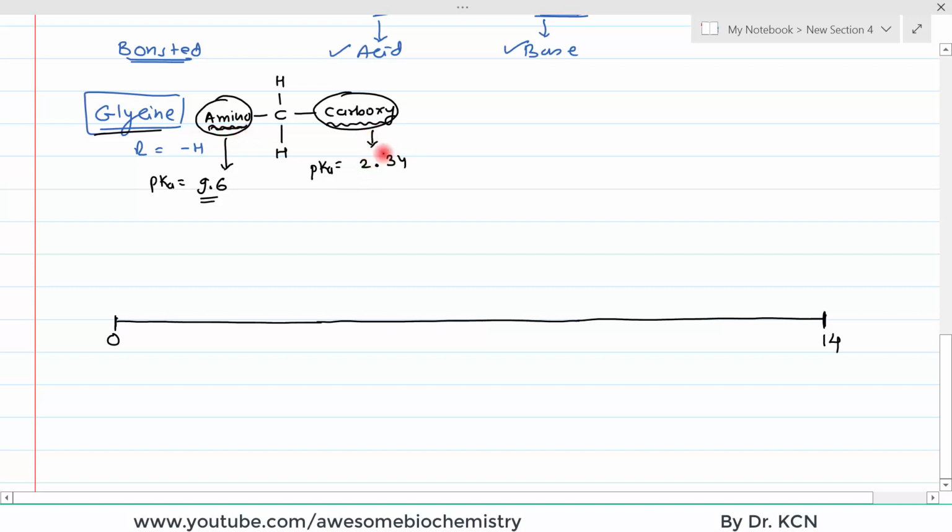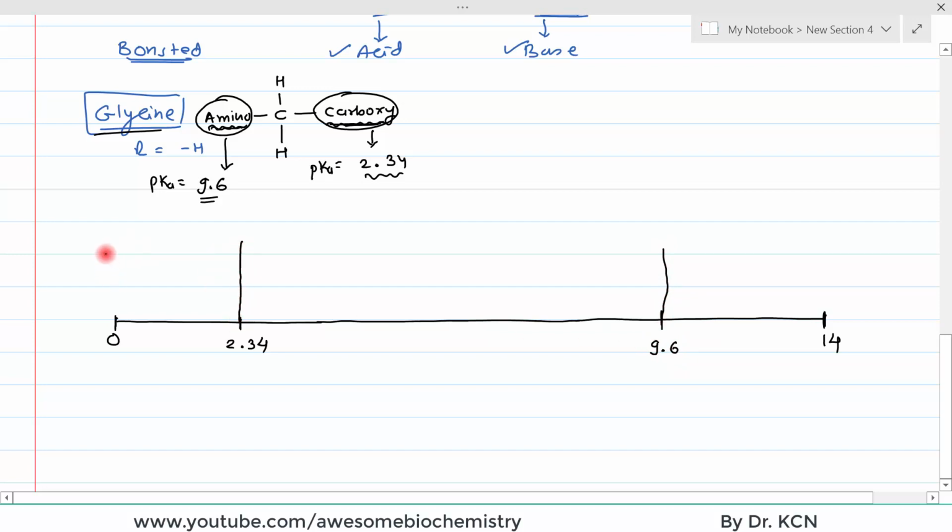The pKa of the carboxy group is 2.34, that means when the pH of the surrounding medium is more than 2.34, at that time the carboxy group will be deprotonated. So let us try to understand this. Let us mark on this pH scale the point where 2.34 occurs, and 9.6 lies somewhere over here. So this is the boundary, right?